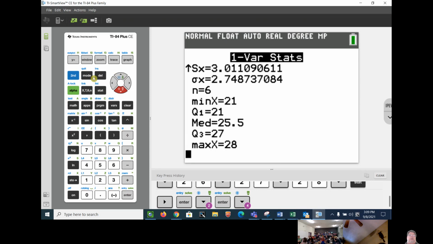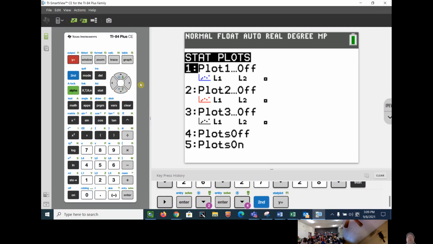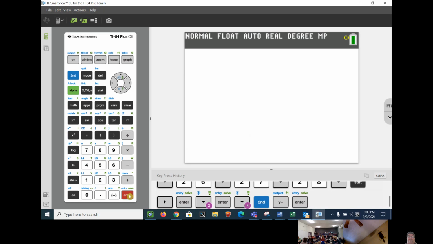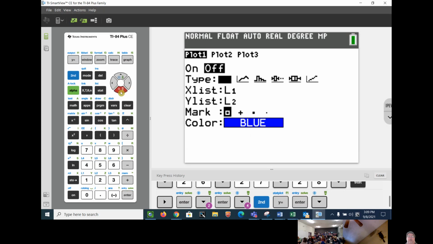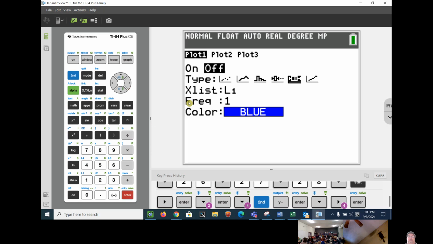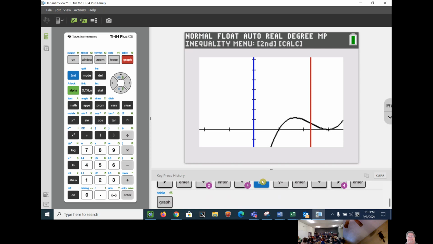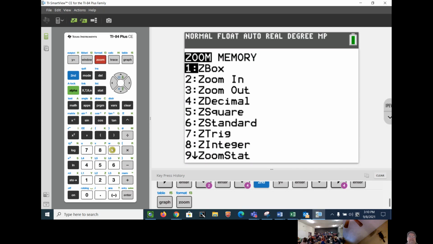Okay? You can hit second, Y equals. Hit enter. Go over to the box plot with the line in the middle. And click on L1, or it's already got L1, and hit graph. You may not be able to see it, so you hit zoom 9.